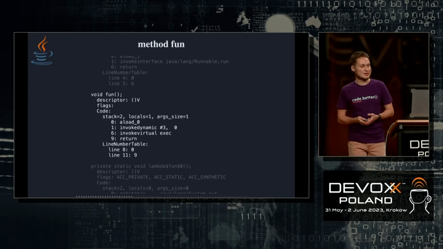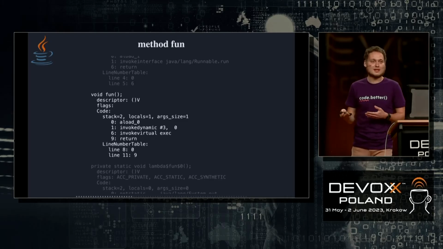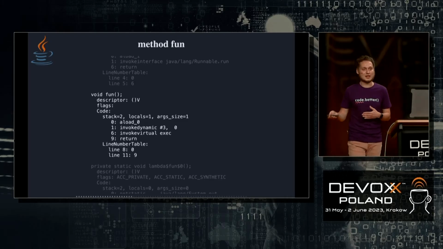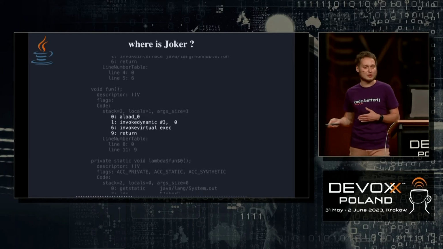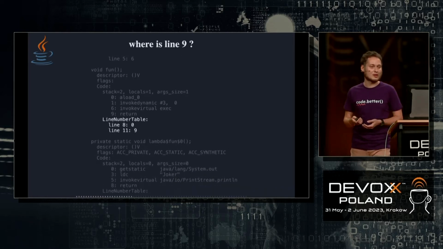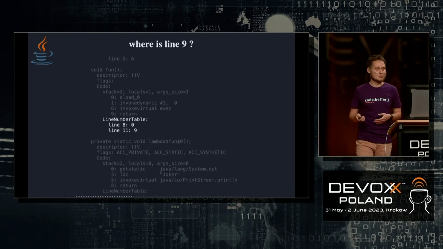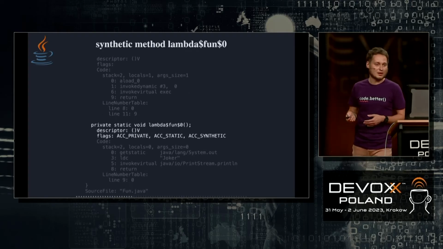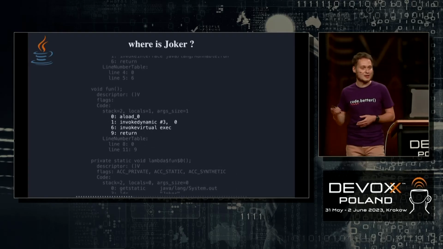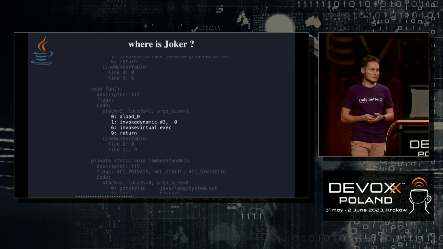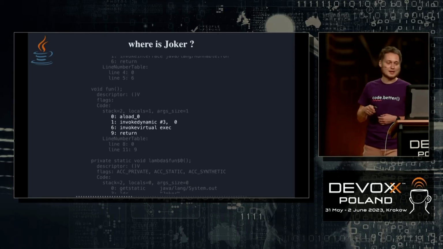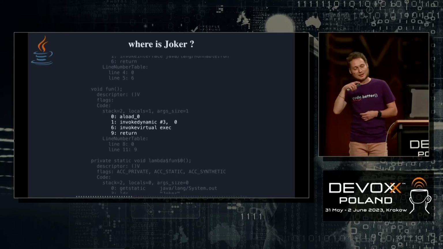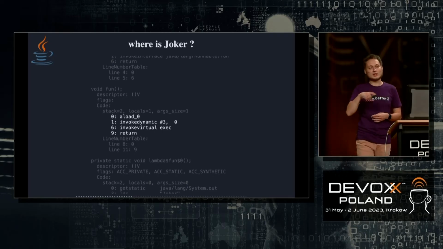I don't. Why? If you know what is behind lambdas, lambdas are not just syntactic sugar. Behind lambdas, there is a heavy machinery called invokedynamic. There is no Joker, and even line 9 disappeared. What is in there, as you can see, is an invokedynamic instruction.